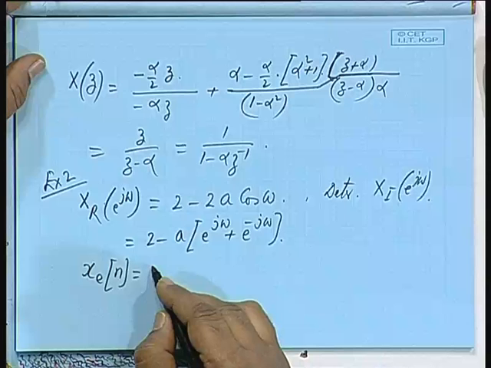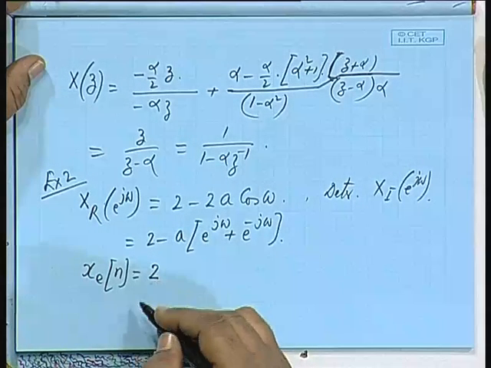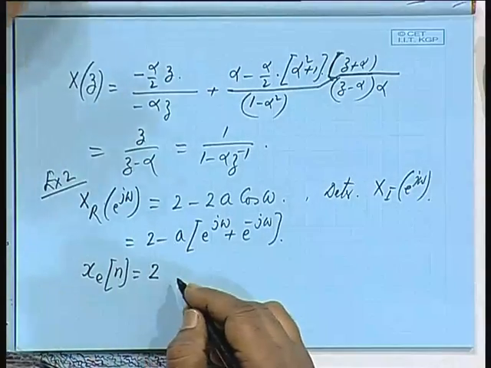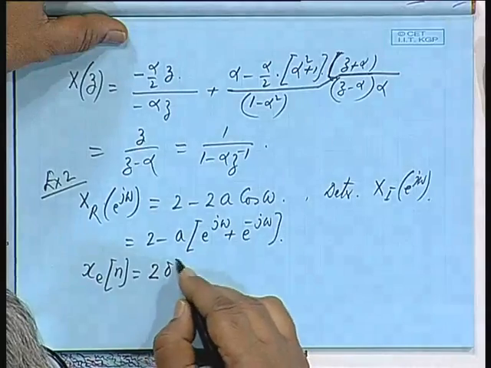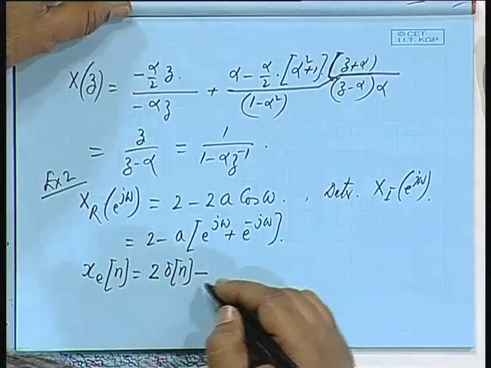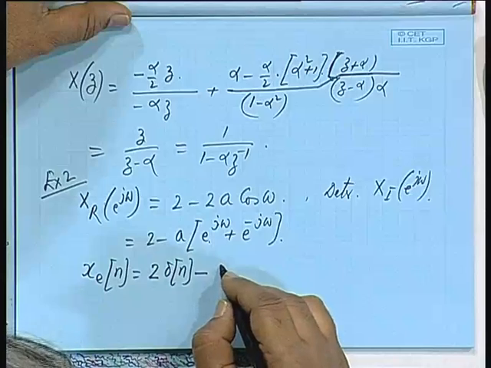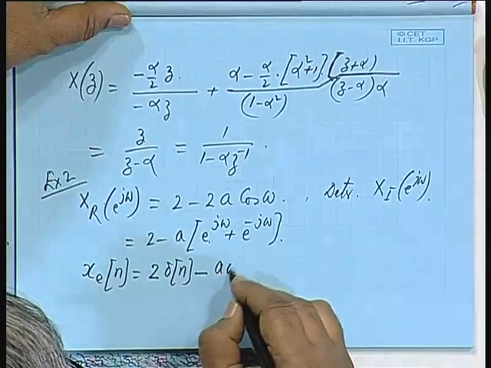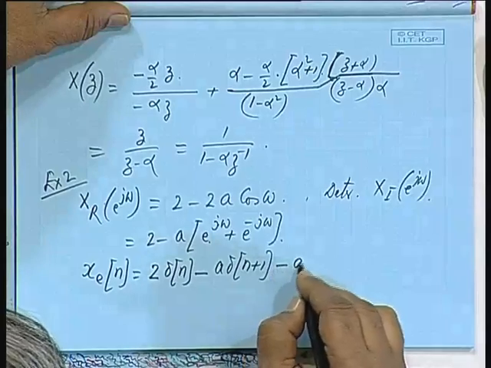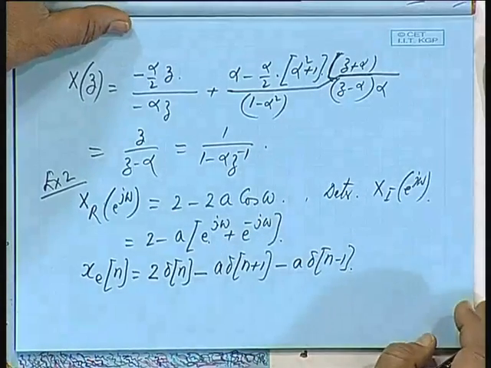2 will give me 2, a constant will give me 2 into delta n, is it not? Minus a into e to the power j omega. So, that will be minus a into delta n plus 1 minus a into delta n minus 1, is it not?